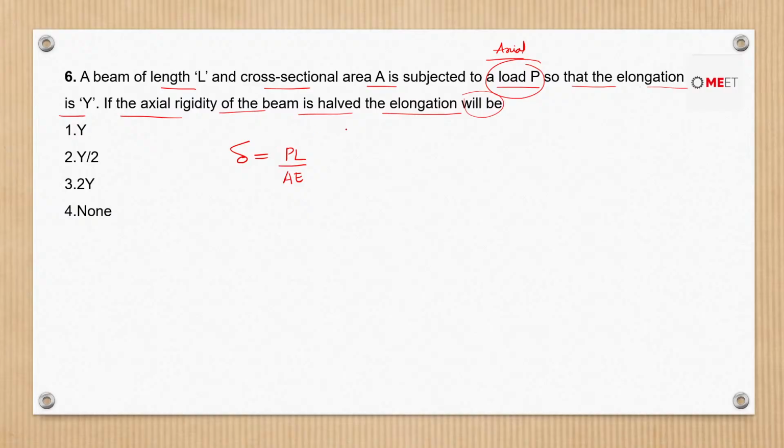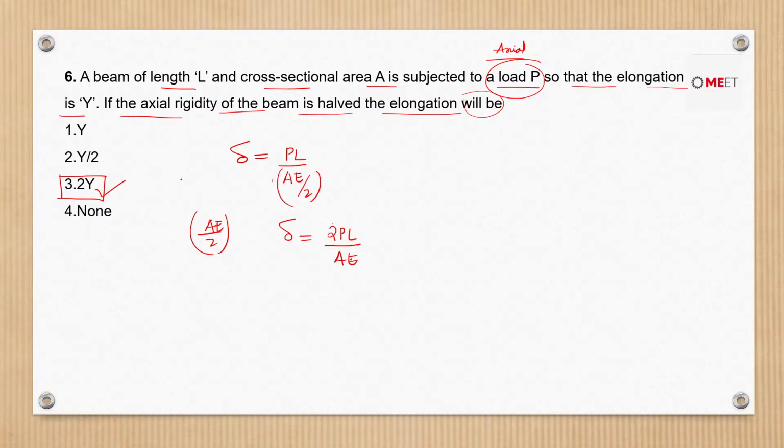If the axial rigidity AE is made AE by 2, reducing it by half, then delta will be 2 times PL by AE. So if the rigidity is reduced, the ability to deform increases. So for this question, option 3 is the answer.